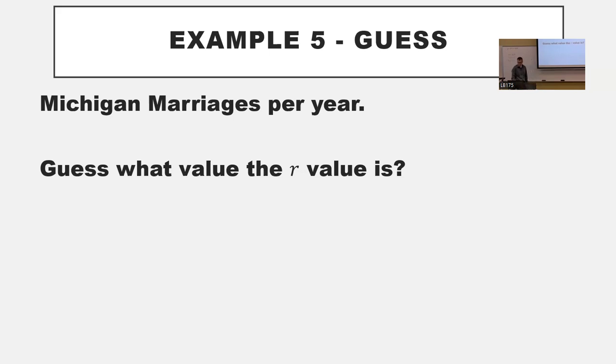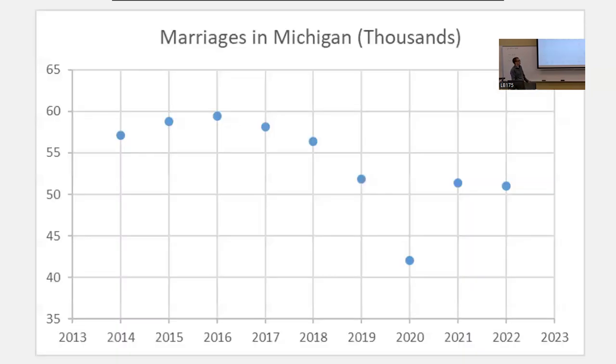On the test or on a homework, I'll give you a couple of options, and I'll say, is this R value more likely to be negative 0.99, negative 0.88, or negative 0.8, or negative 0.1? And out of those three options, it'd probably be negative 0.8. Makes sense?